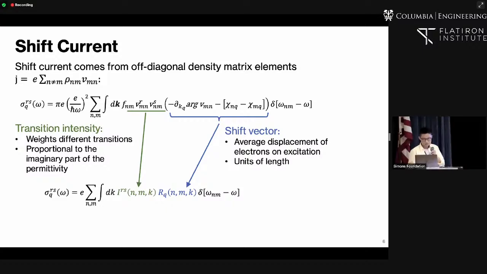So even though this expression is a little bit complicated, it's still very easy to evaluate from first principles. And the computational cost is not that high because it is only a single summation over k. So once you use density functional theory to evaluate the ingredients in this expression, you can get the theoretical shift current.